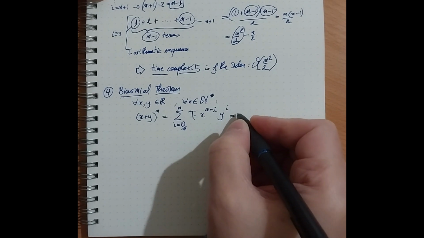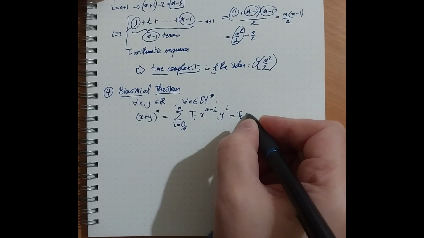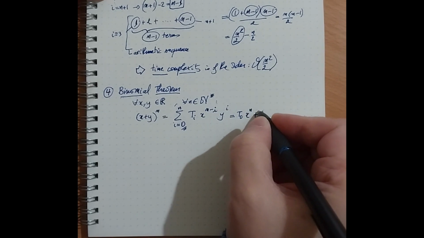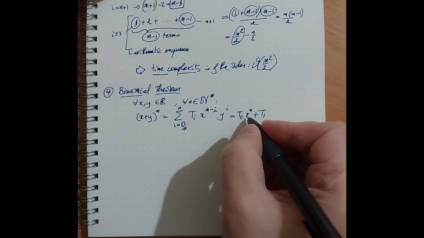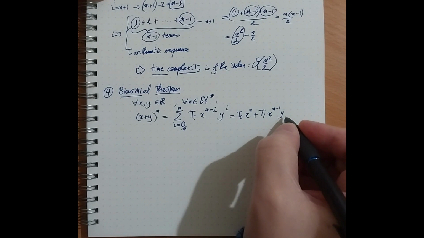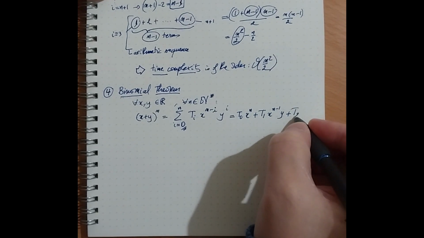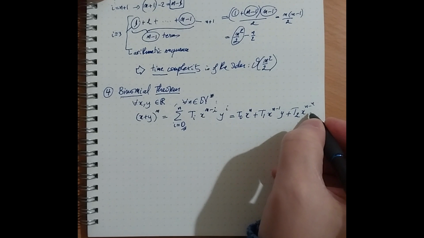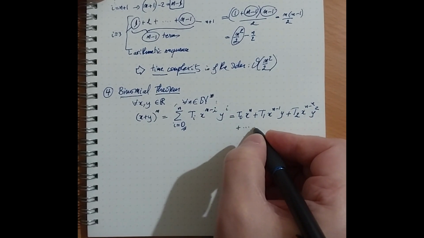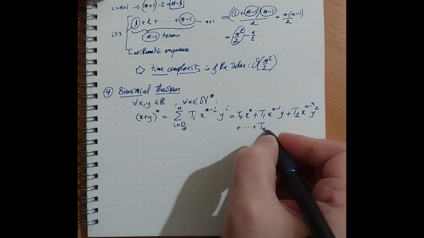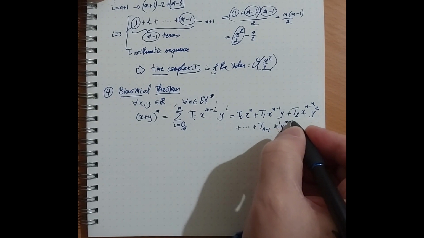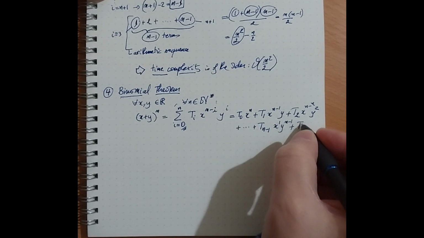That is t0, x to the n, plus t1, because y to the 0 is 1, x to the n minus 1, y, plus t2, x to the n minus 2, y squared, plus, etc., till t n minus 1, x to the 1, y to the n minus 1, plus tn.